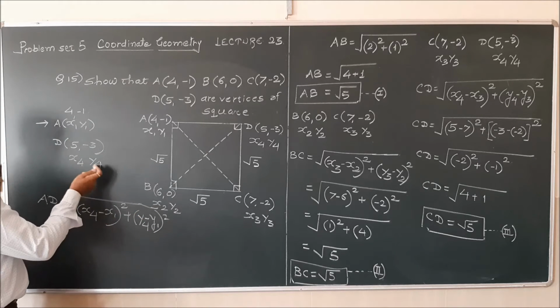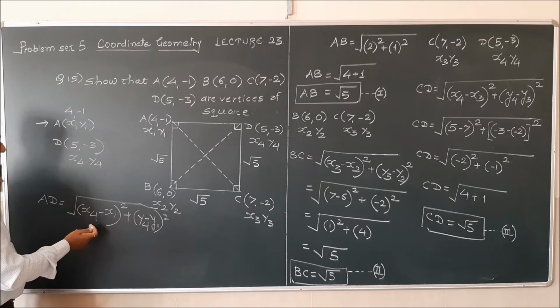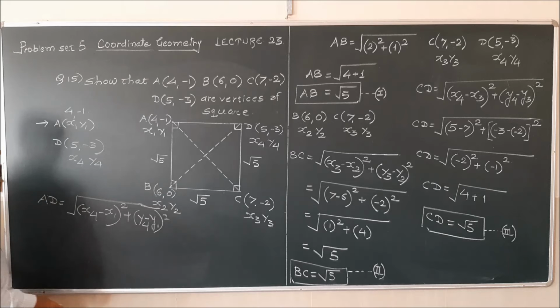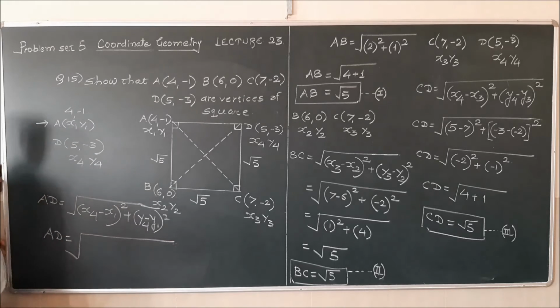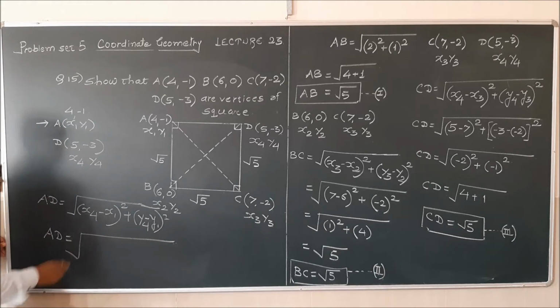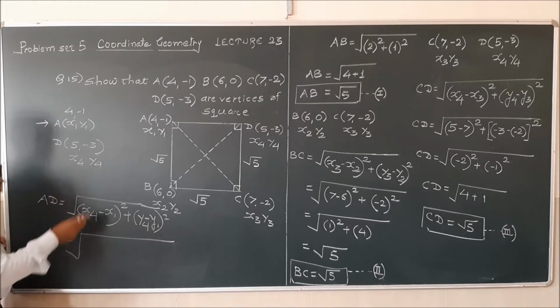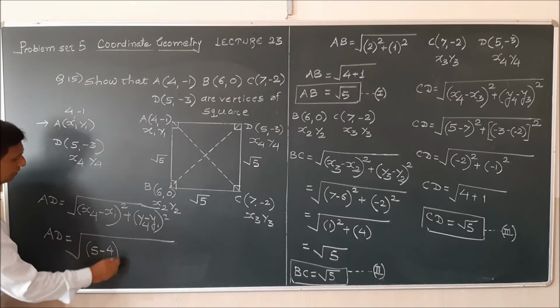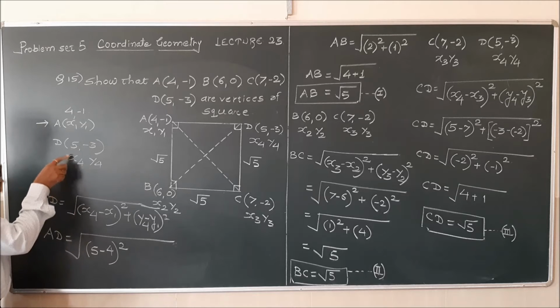So that will give us AD is equal to, okay, now x4, the value of x4 is 5, minus 4 the whole square.